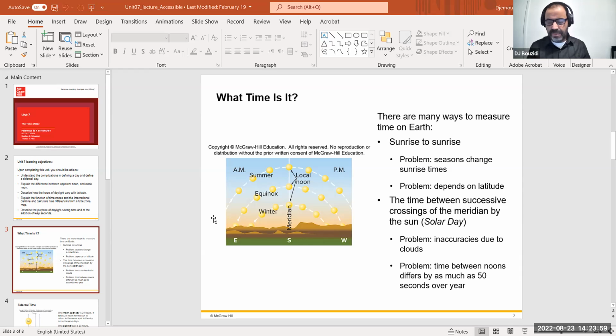So this is your local meridian. Everywhere you are on Earth, you have your own. Okay. And that is fixed. When the sun passes through that line, when the sun is exactly on that line, it doesn't have to be immediately above your head. It doesn't have to be on your zenith, but as long as it crosses that line, that is actually noon by definition.